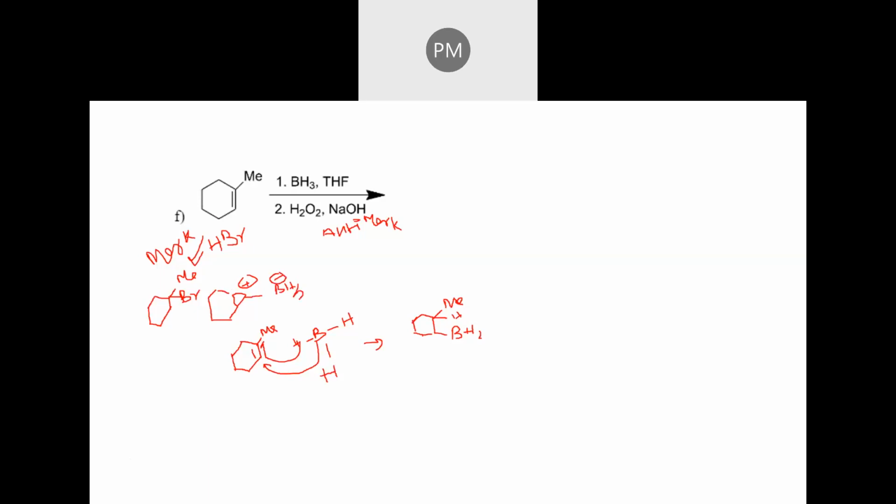This BH3 minus is a source of that. BH3 minus carries a negative charge, so it will attack any pi center.